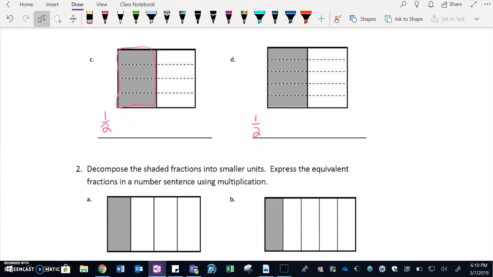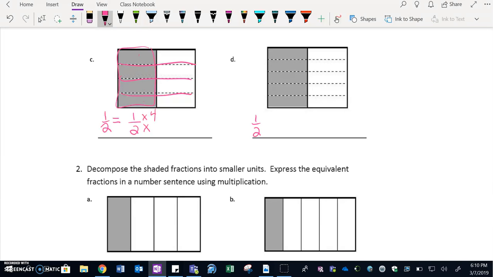Okay, problem C. I also started with an original fraction of 1/2. And then I'm going to take my 1/2 and I'm going to cut it. And that means I'm going to increase the number of pieces that I have. And I increase them by 1, 2, let's see, so 1, 2, 3, 4.